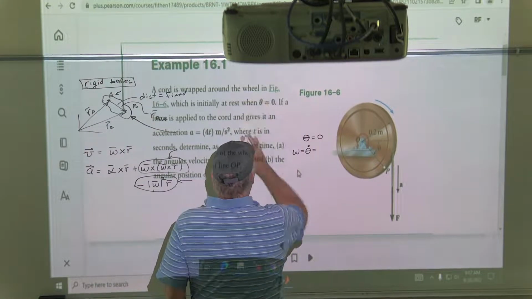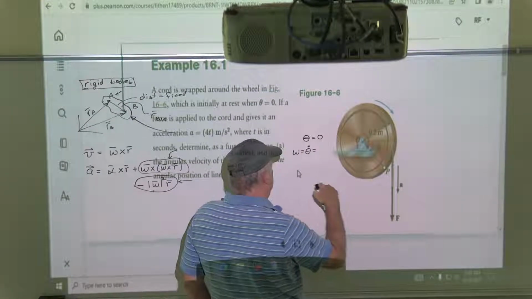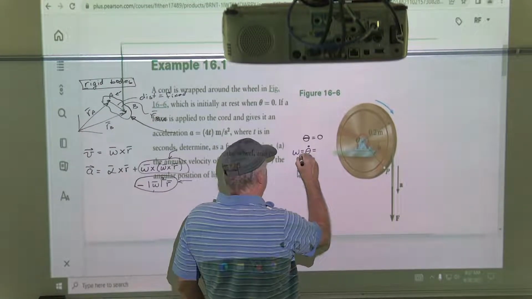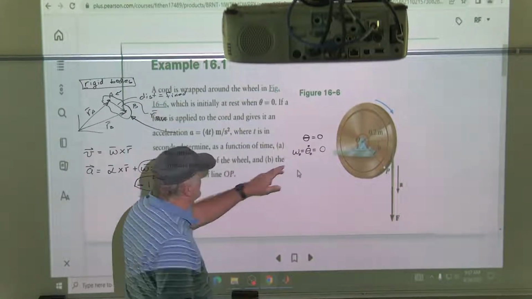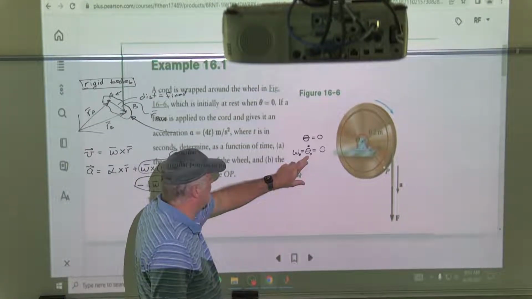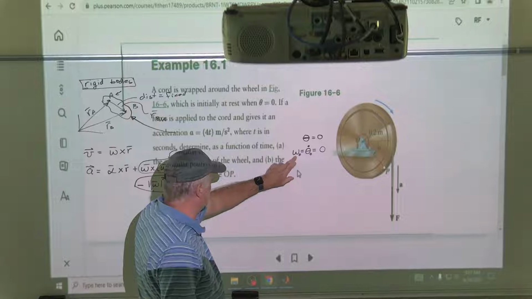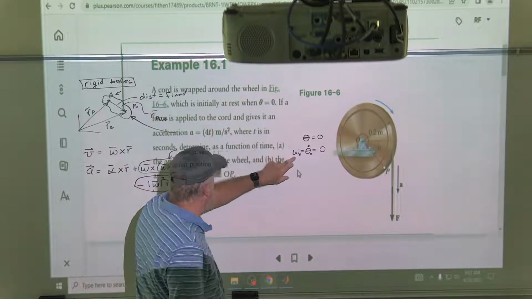In this he's implying that we only have this rotation. This is the theta dot. It's like the velocity, but now it's in radians per second instead of feet per second. If it was initially at rest, that occurs.